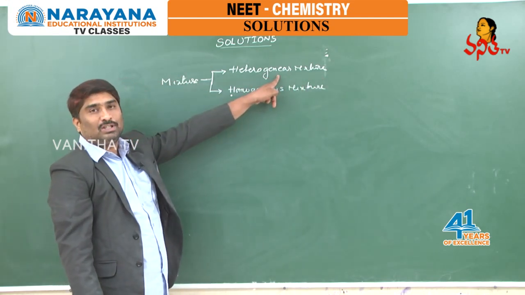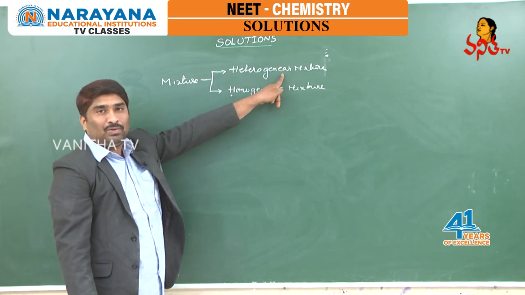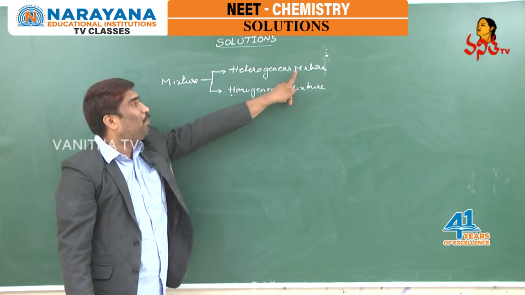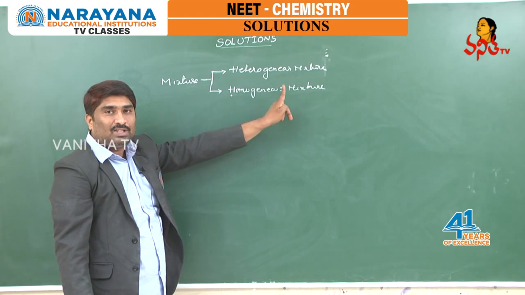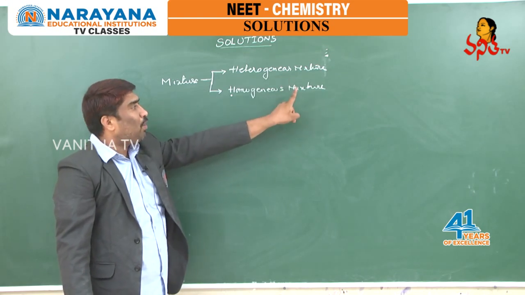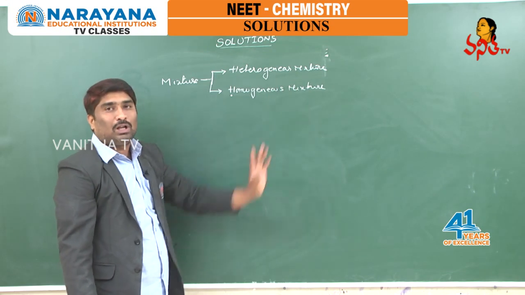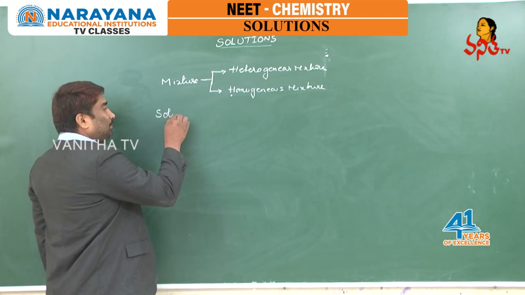Heterogeneous mixture consists of more than one phase. The properties of a heterogeneous mixture are the combination of the two independent components present in it. Whereas a homogeneous mixture consists of a single phase, and its properties are different from the individual components of it.